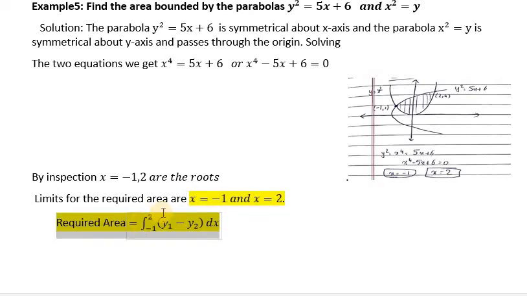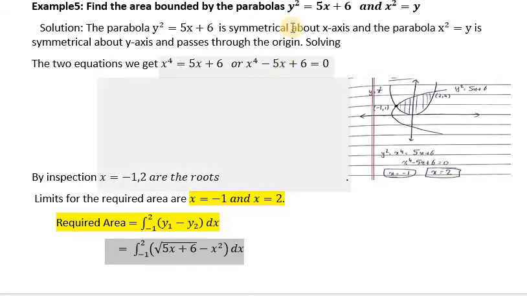Then the required area is equal to the integral, lower limit minus 1, upper limit 2, of y1 minus y2 dx. y1 means the first curve, y square equals 5x plus 6, which means y equals root of 5x plus 6, minus y equals x square, the second curve.